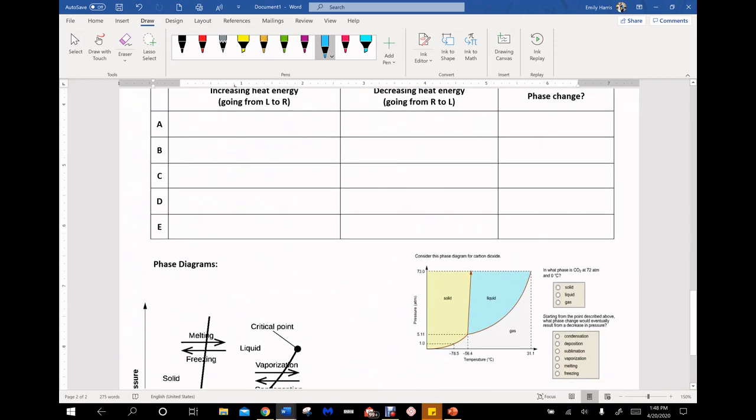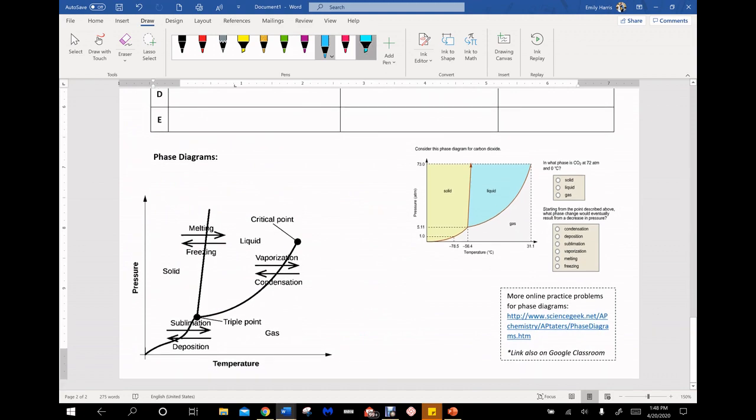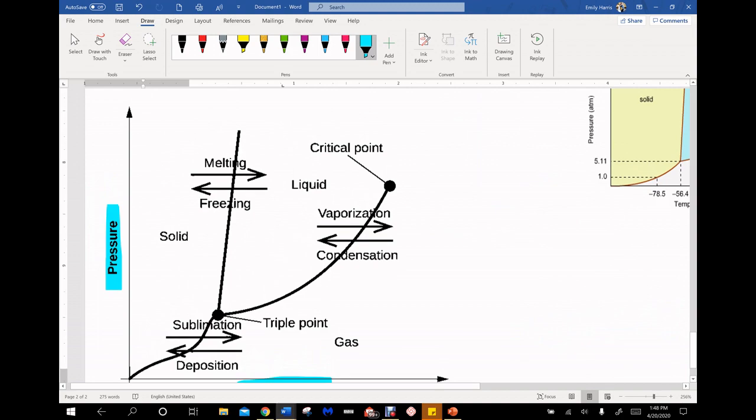And now we're going to transition to the last part, which is called just a phase diagram. Now what this phase diagram does is it tells you a certain temperature and pressure at which you can have different states of matter. And so it looks like a Y almost that divides this graph into three different portions.